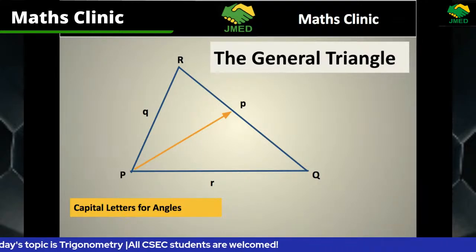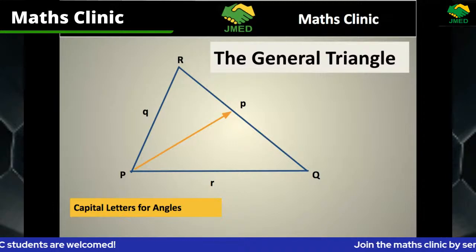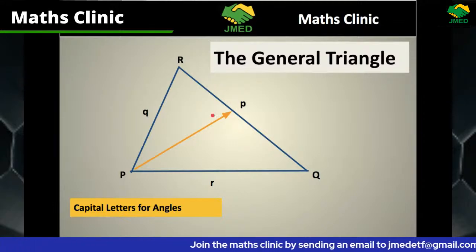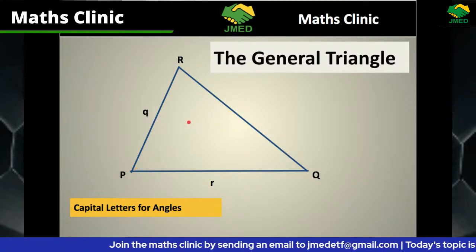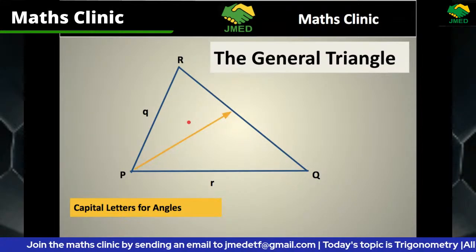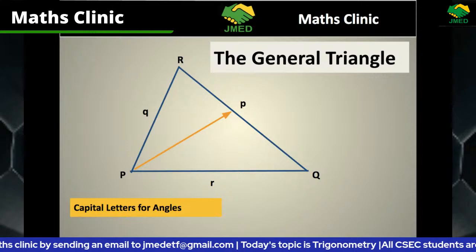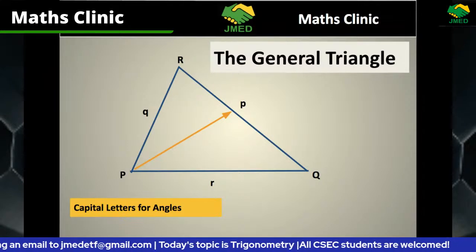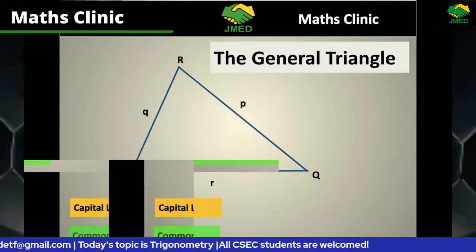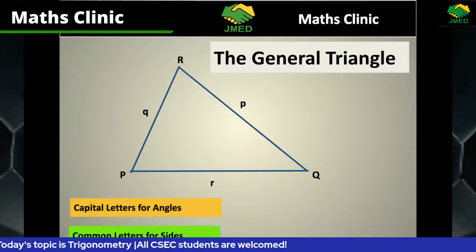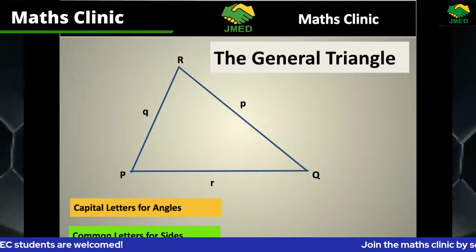All the time you need to bear that in mind. If you don't, it can cost you as you work through. It's just convention. This is how it's done. But this is the understanding that the side opposite to the angle bears the name, but with a lowercase letter. All right? So as I said, lowercase letters are reserved for sides and capital letters are reserved for angles. So bear that in mind.